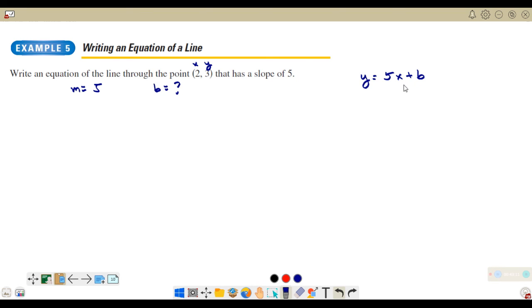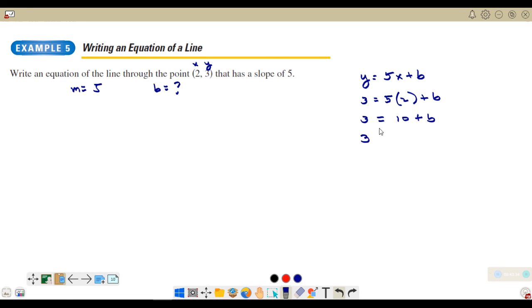So, substitute na natin yung value natin for x and y. We have y is equal to 3, which is equal to the slope 5 times the x-coordinate 2 plus b. Solve natin si b. Simplify. 3 is equal to 5 times 2 is 10 plus b.